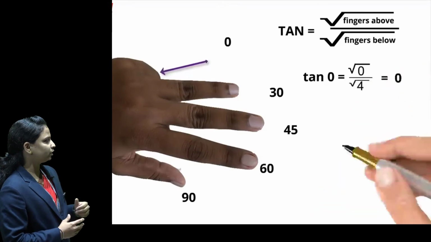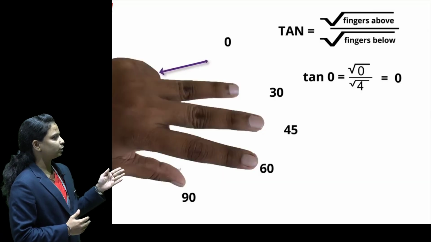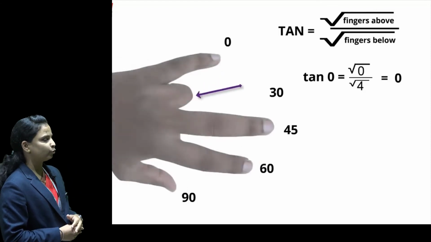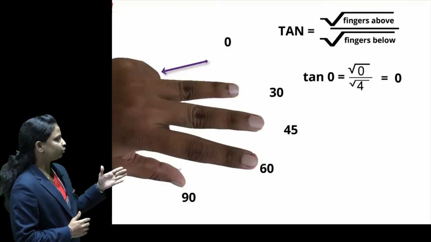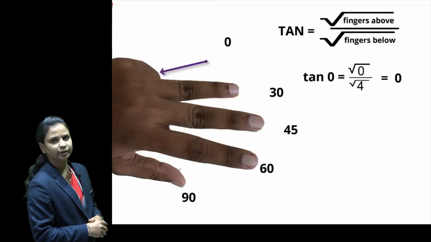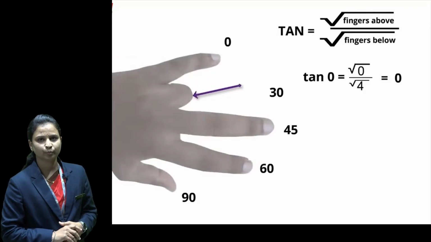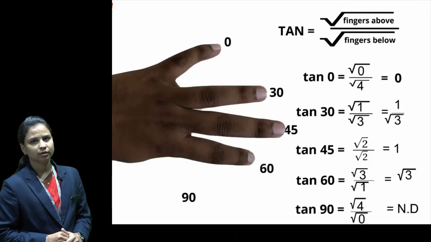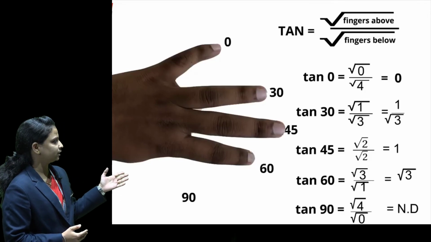There are 4 fingers. So tan 0 is equal to square root of 0 divided by square root of 4, is equal to 0 divided by 2, and we know the answer is 0. In a similar way, you can find the remaining values as well. See this one.